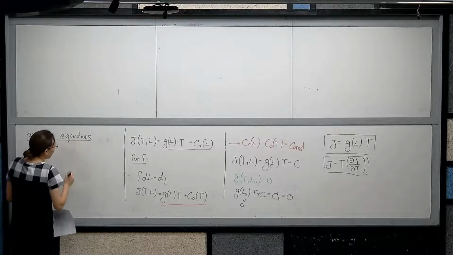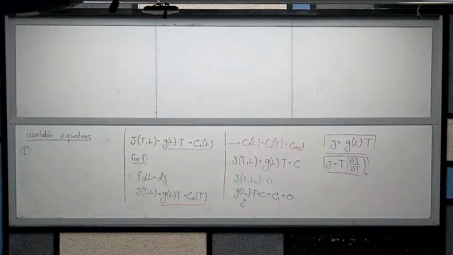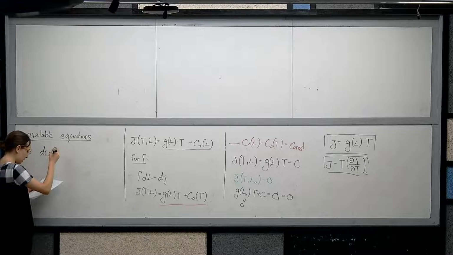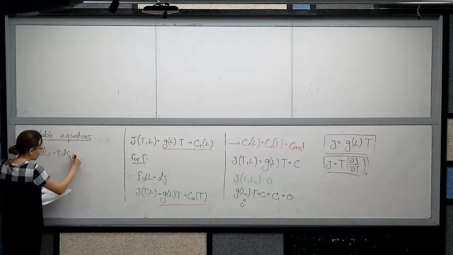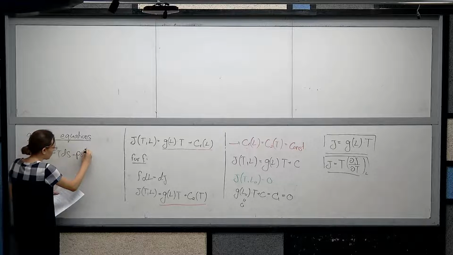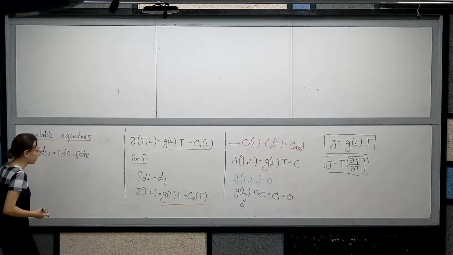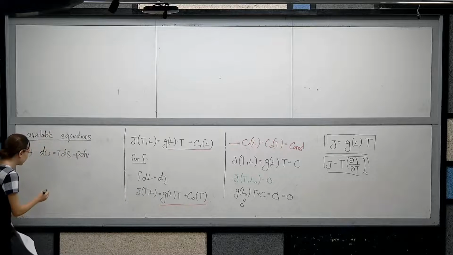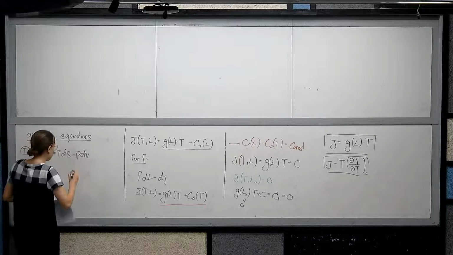Okay, so available equations. First of all, we are always using the assumption of a quasi-static process. That means that we can always use these equations: dU equals TdS minus PdV. But here we have a rubber, we don't have volume or P, so we write this equation in this case with the length and the tension.